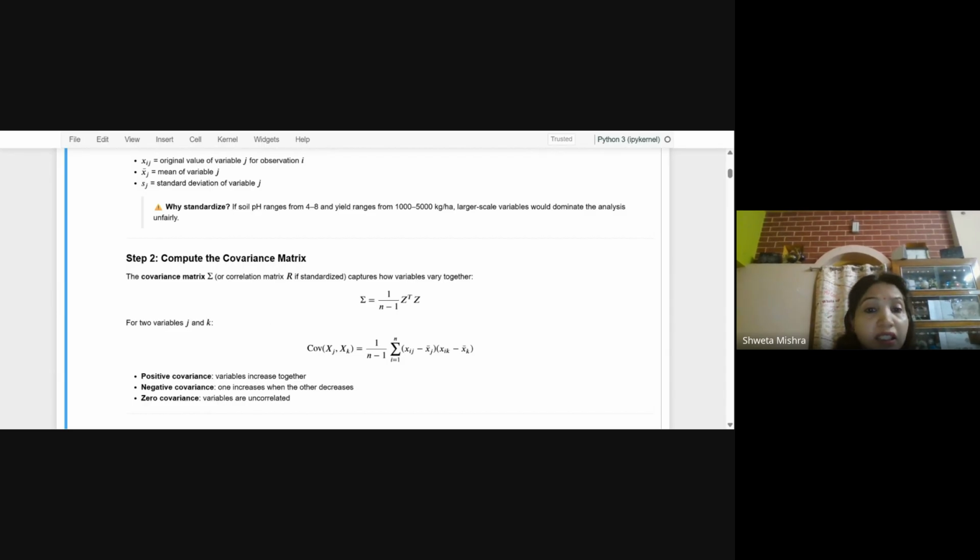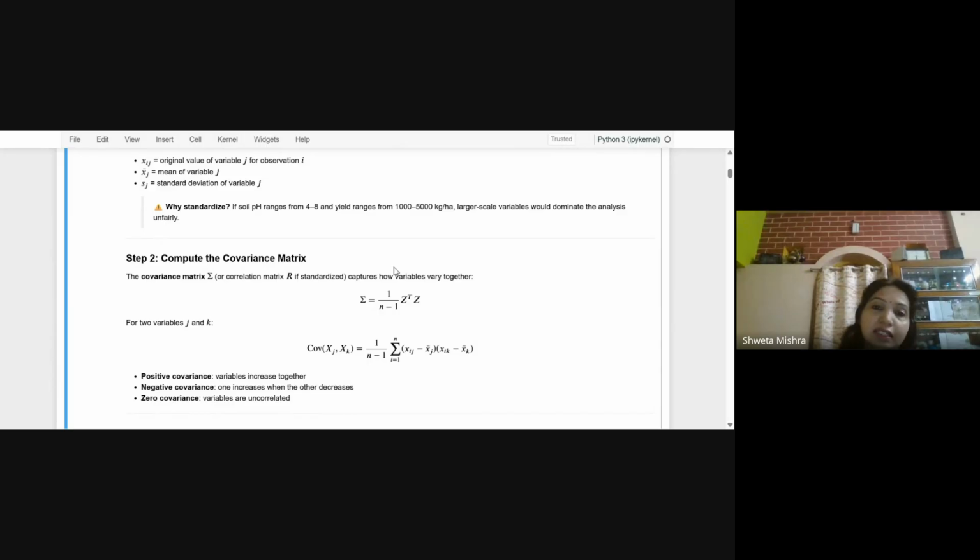Similarly, in the medical field, will an increase in blood pressure impact the BMI, or does higher age impact the BMI? So that is required: how different variables are correlated to each other.